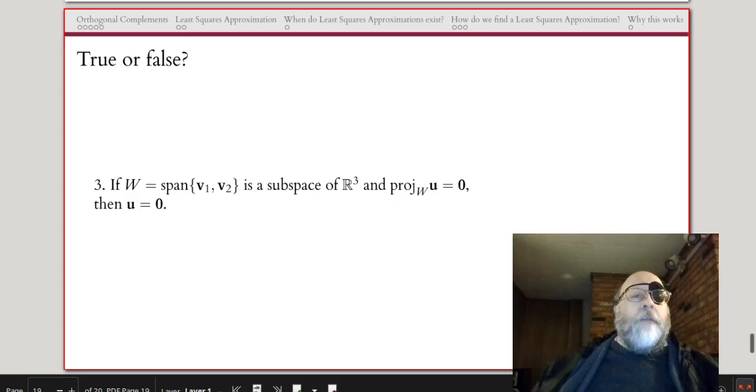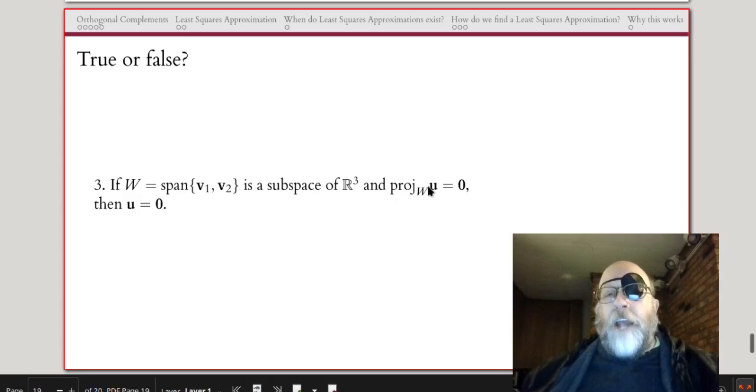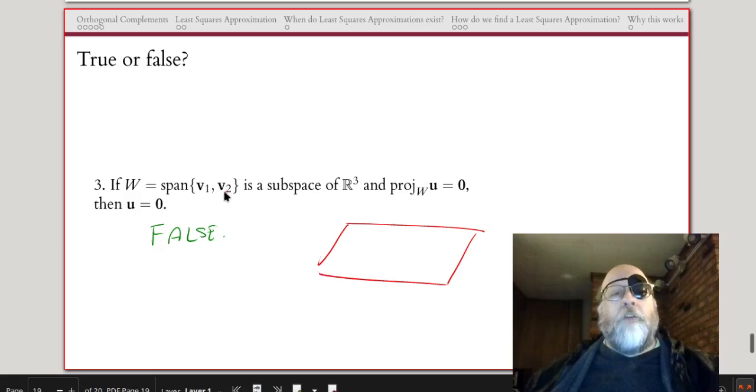If W is a subspace of R3 and the projection of a vector U onto W is the zero vector, then U itself is the zero vector. This is false. We have two vectors, and so they generate a plane.